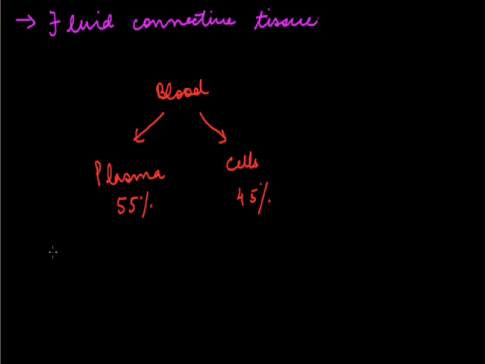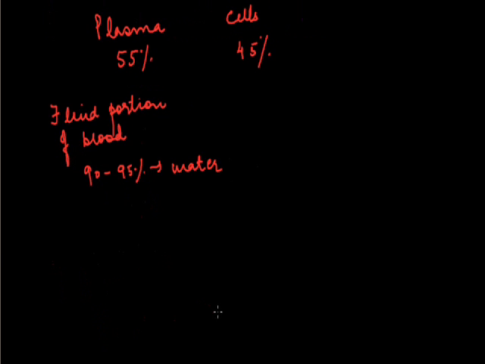The plasma constitutes the fluid portion of the blood. It consists of around 90 to 95% water, and the remaining 5 to 10% is solids. These solids are of two types.